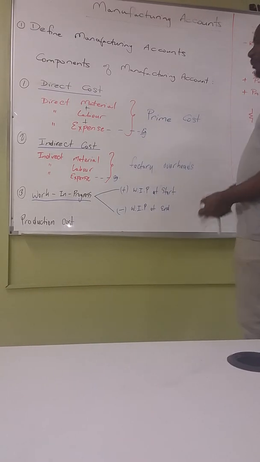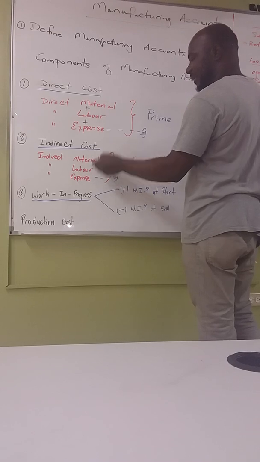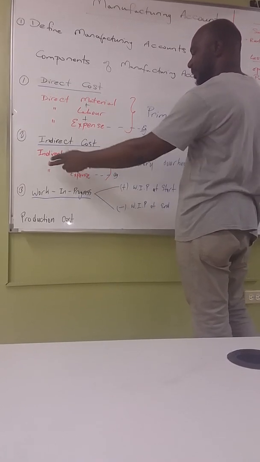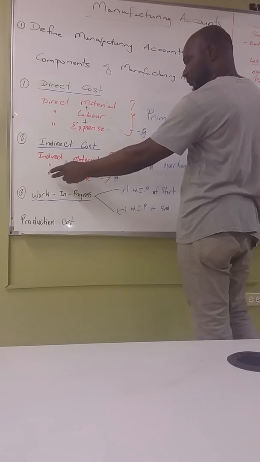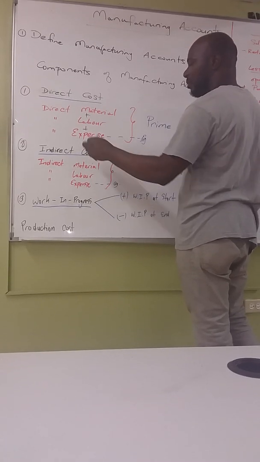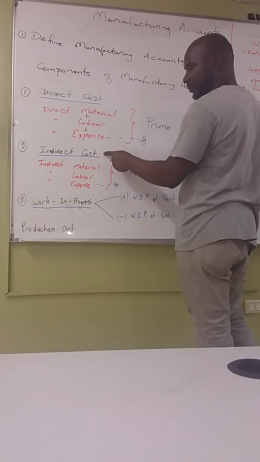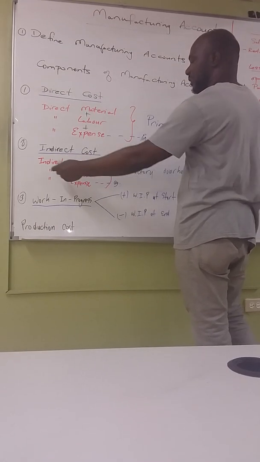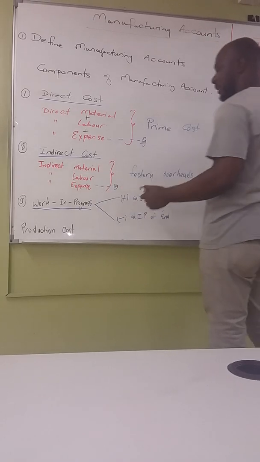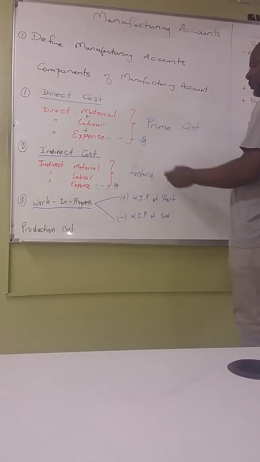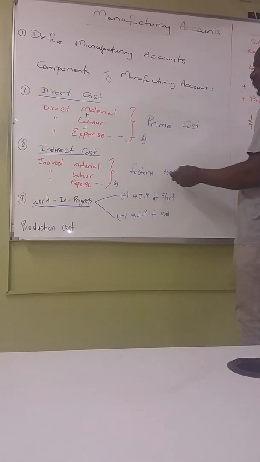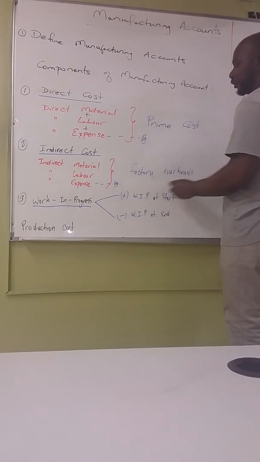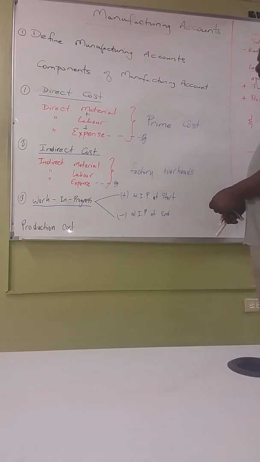Now, all of your indirect costs added together, which is your indirect material, indirect labor, and indirect expense, would give you what is known as your factory overheads.